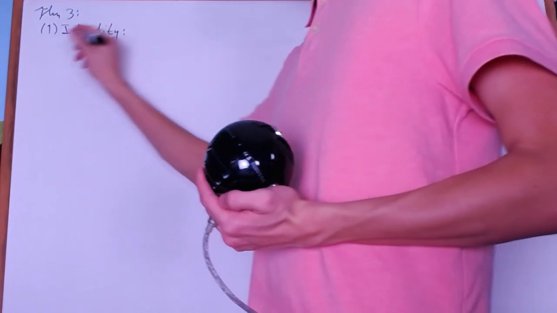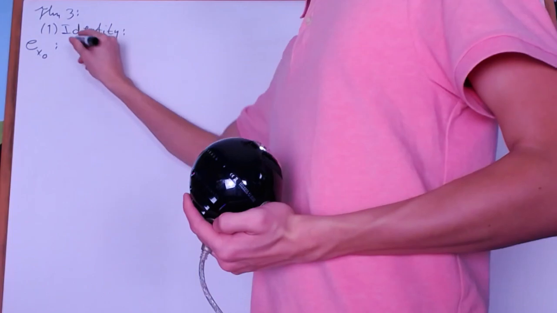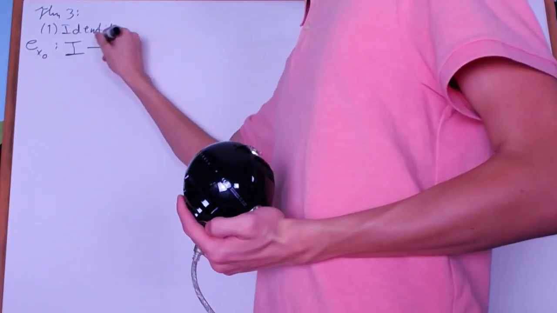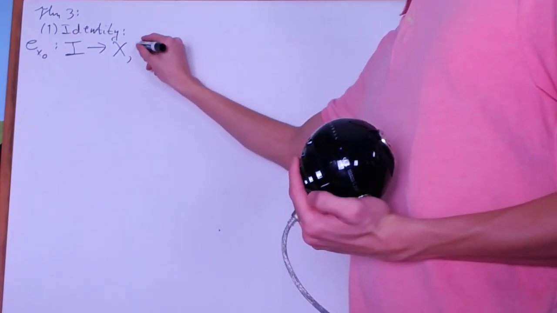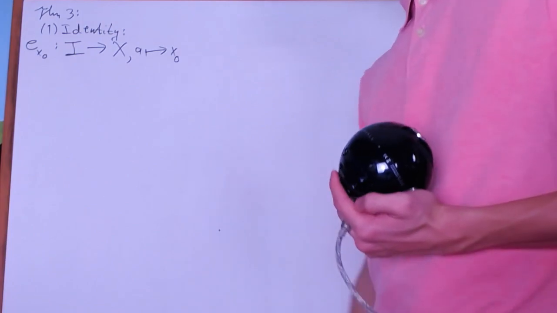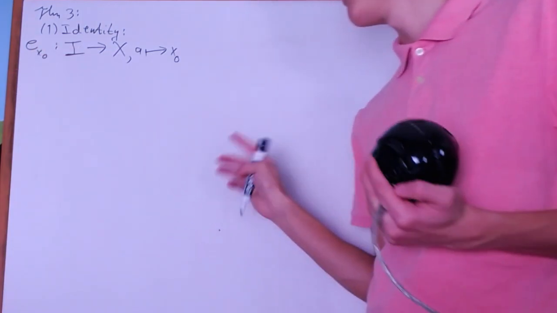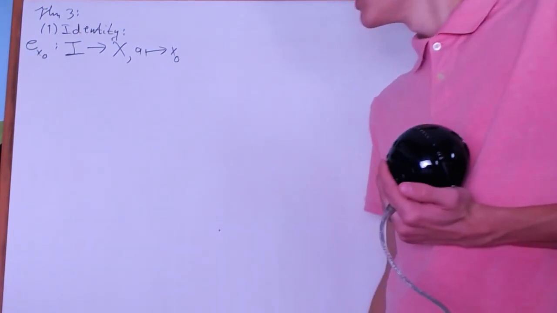So this identity will be a map, e_x0, which will take you from the interval into the topological space X, and it'll send every single value a to just this x0. So it's a constant function where its value is always this x0.